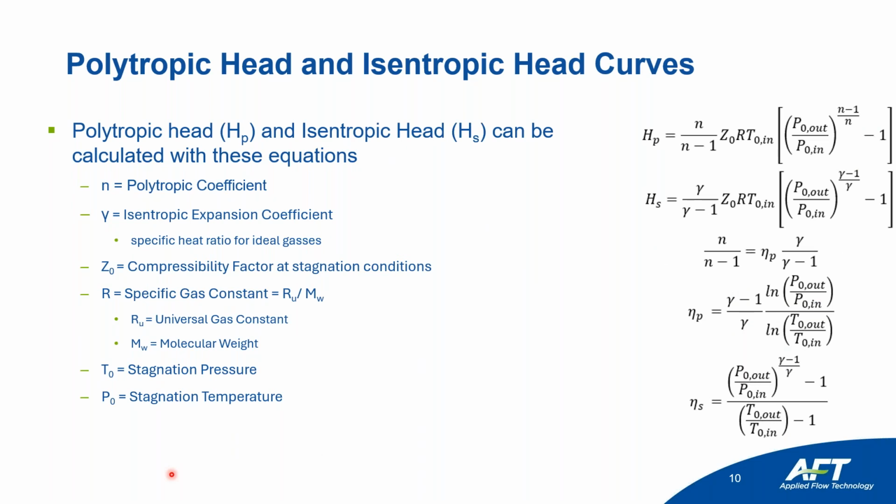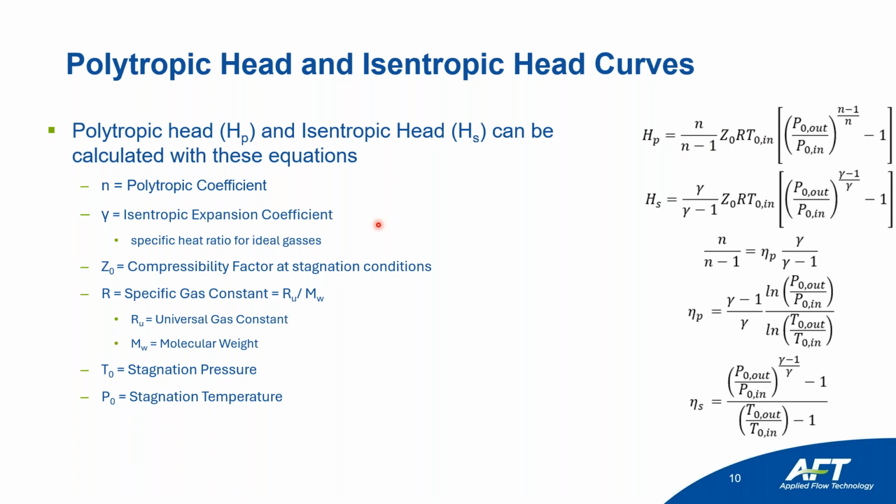So let's finally dig into the equations here. Polytropic head and isentropic head can be calculated with these top two equations here. Here are all the terms. N is the polytropic coefficient, which you can see here. Gamma is the isentropic expansion coefficient.